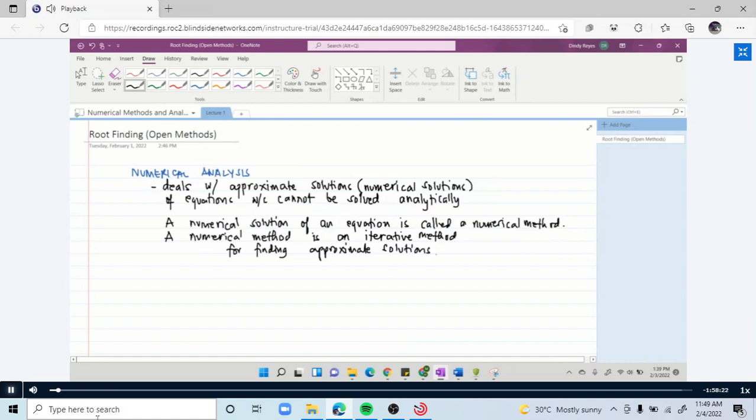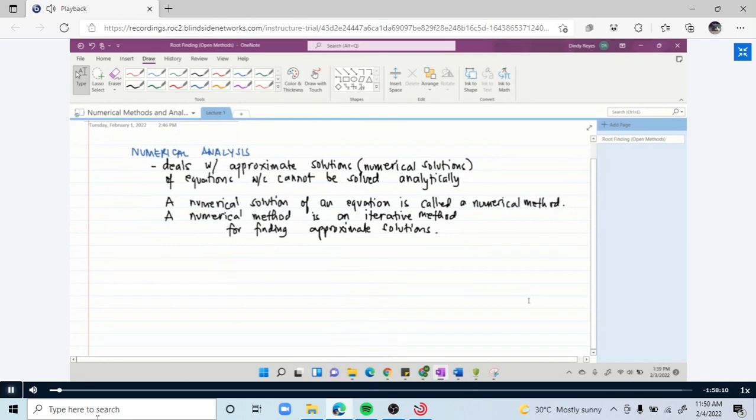Okay? So, ito yung terms natin. Yung title ng course natin, Numerical Method and Analysis. So, we will be dealing with an iterative method of finding approximate solutions for equations.